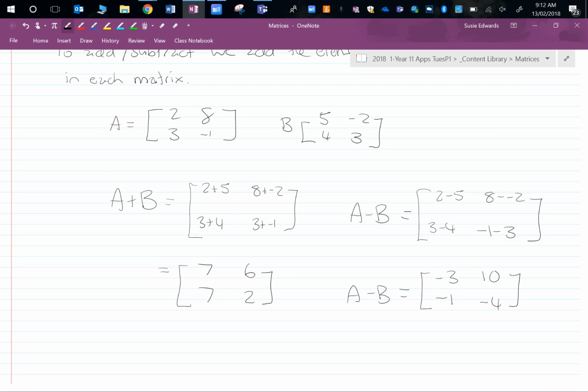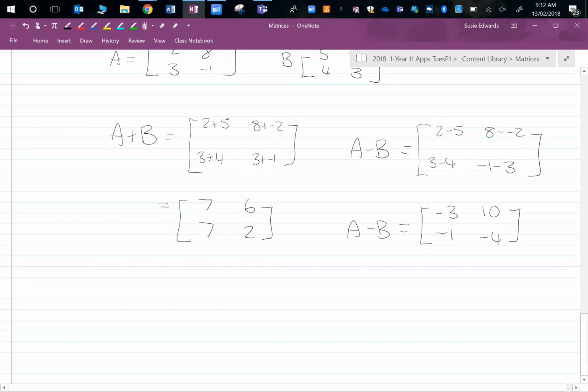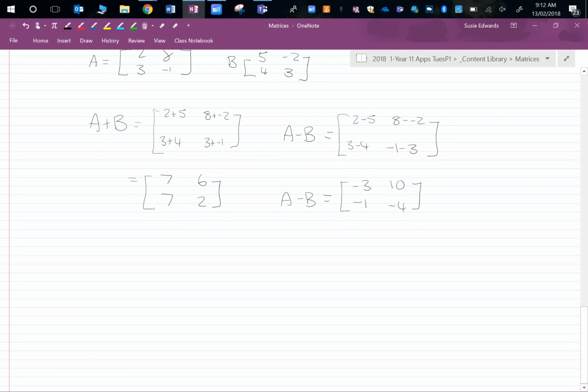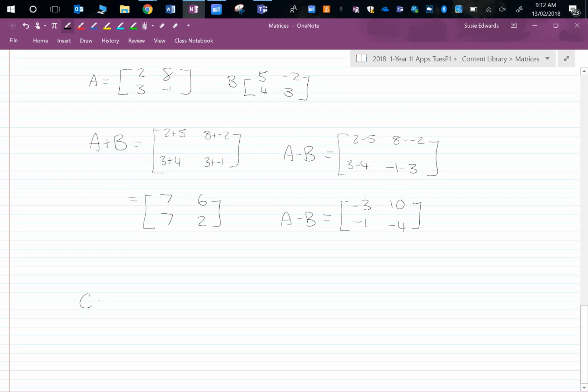Can anyone see any problems with adding and subtracting? Any rules which we might have to follow? Right, don't write this one down, but you try and do this. I'm just going to add in C. Don't need to write down. It's probably not big enough space. What's A plus C?